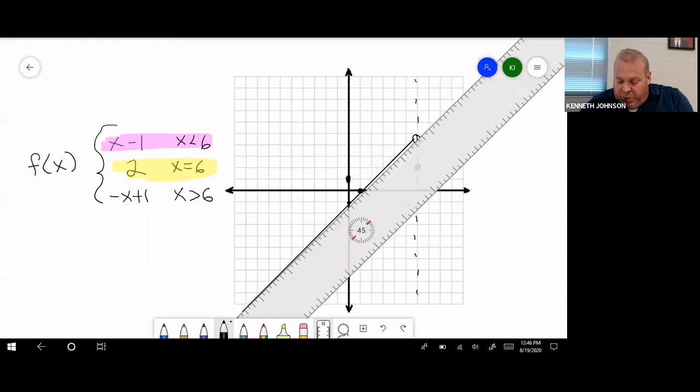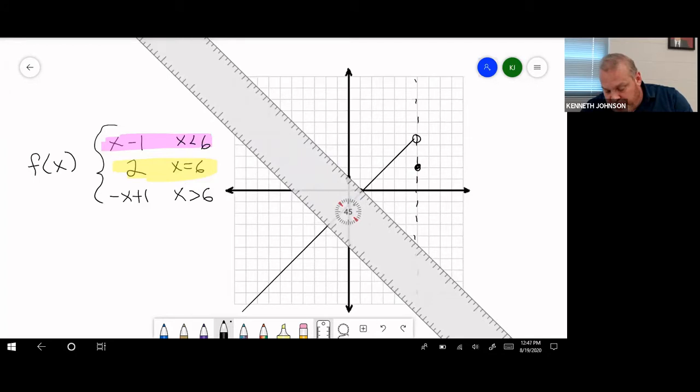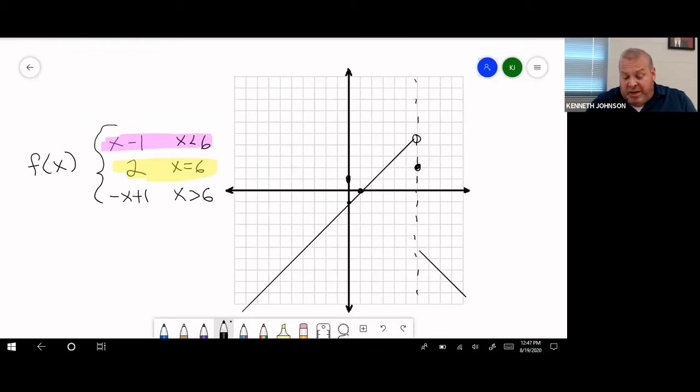I'm going to take my ruler and draw the line, but I'm only going to draw it to the right of 6 because I know that x can't be less than 6. It has to be greater than 6. But once again, it also cannot equal 6, so I'm going to put a hole right there. Throw some arrows on the end so we know that it goes on forever. We're pretty happy with that piecewise function.